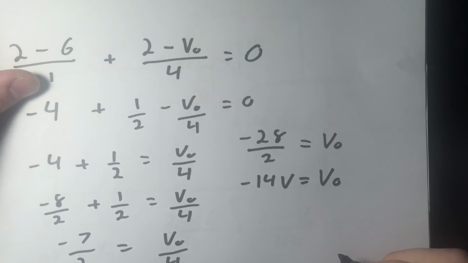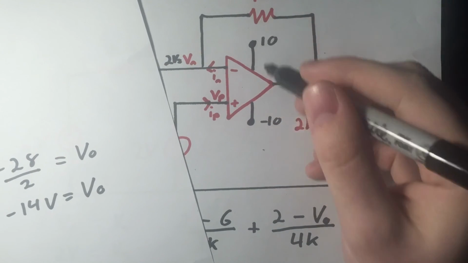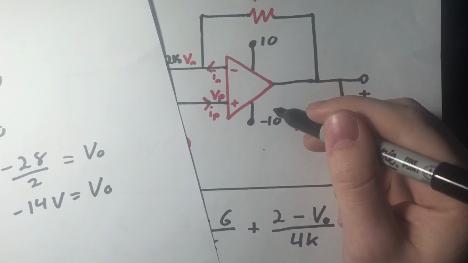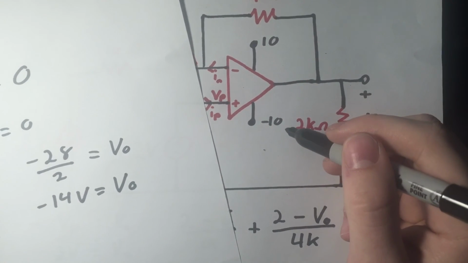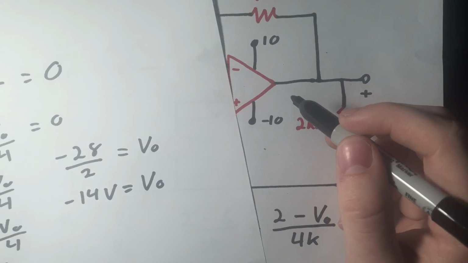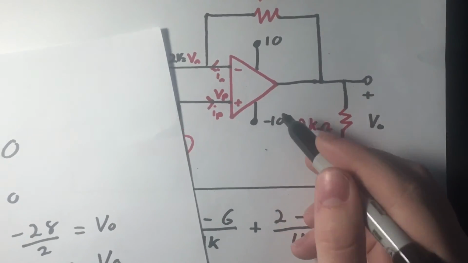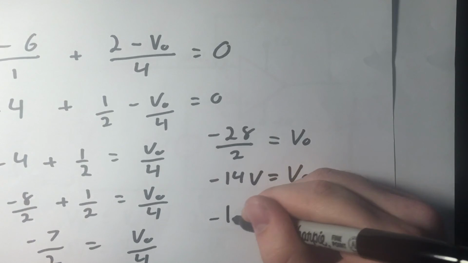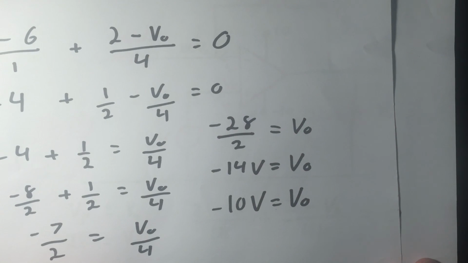But you can see that these two rails here are limiting us to 10 volts, right? So the voltage is going to saturate to -10 volts. And we're done.